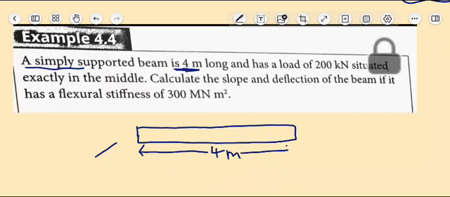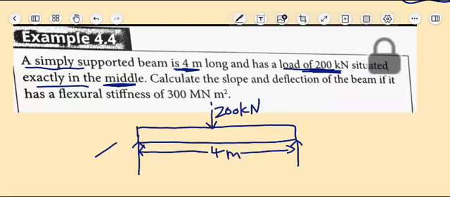It's supported at both ends. It has a load of 200 kilonewtons situated exactly in the middle.